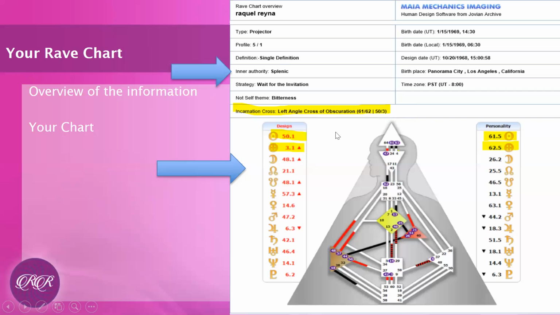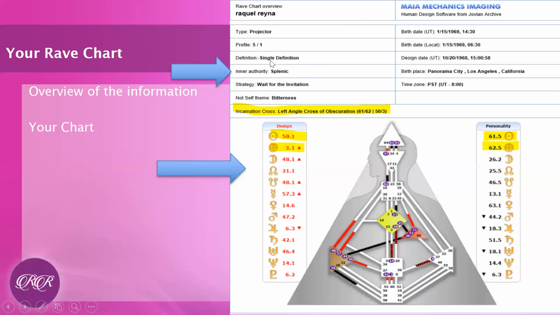So that's where you can find your profile. And it will be 1 through 6. And each line number has a specific meaning. You'll see that all of these numbers have a .1 through 6. And I'll explain to you what that means in just one second.